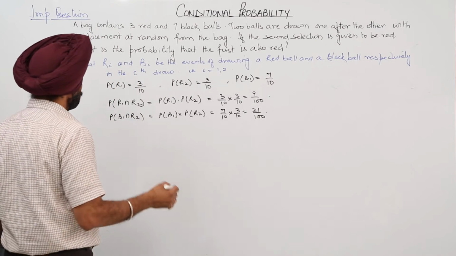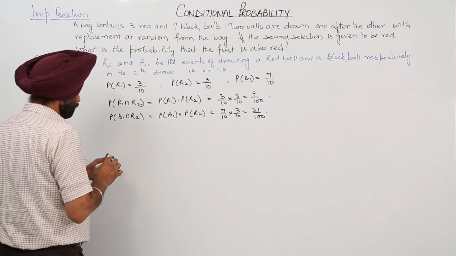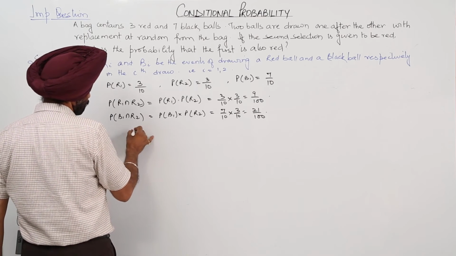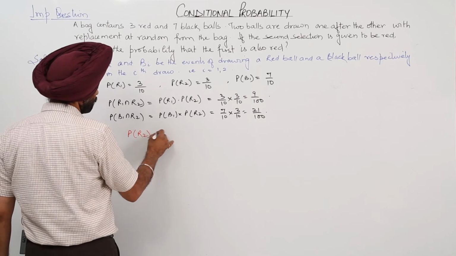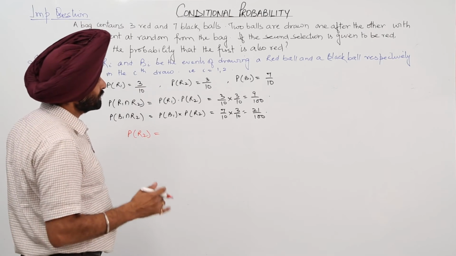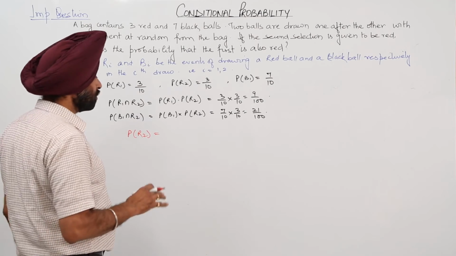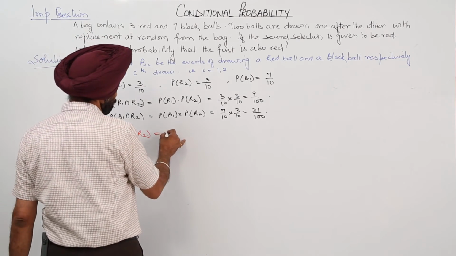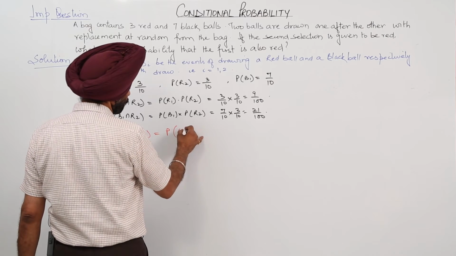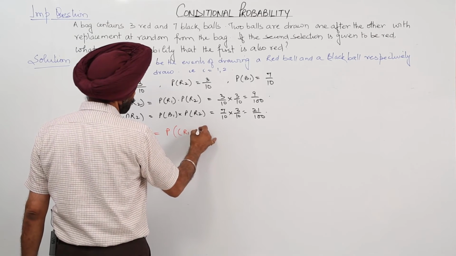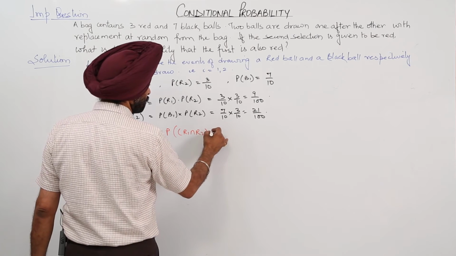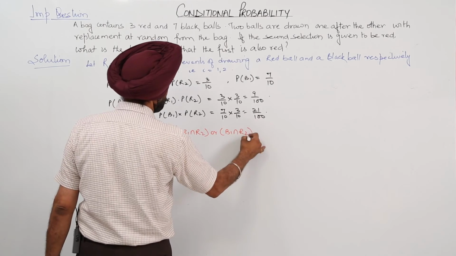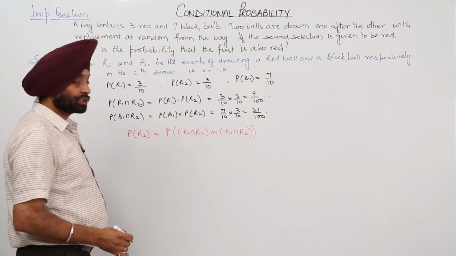Okay. Now what will be the probability for R2? Only R2. Probability for R2. Now the second selection is given to be red. So if we are just discussing probability for R2, it will be probability for R1 and R2 or B1 and R2. Is it clear?